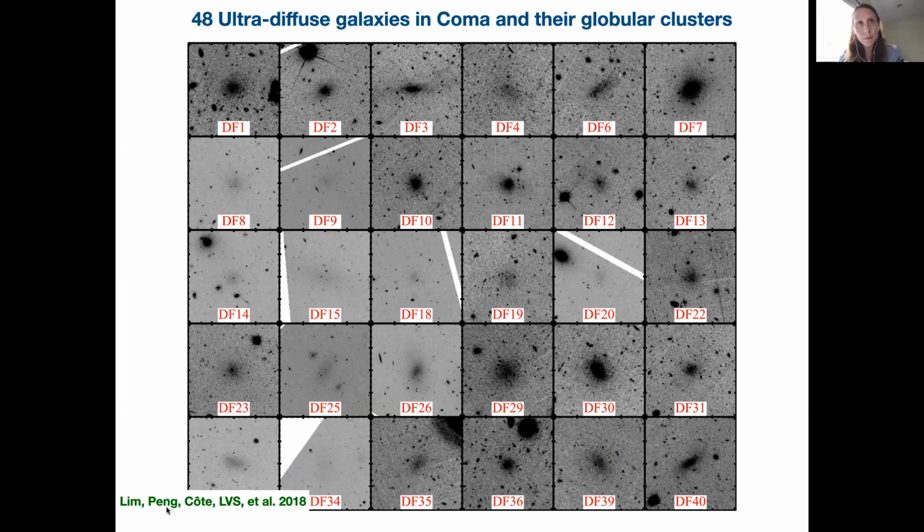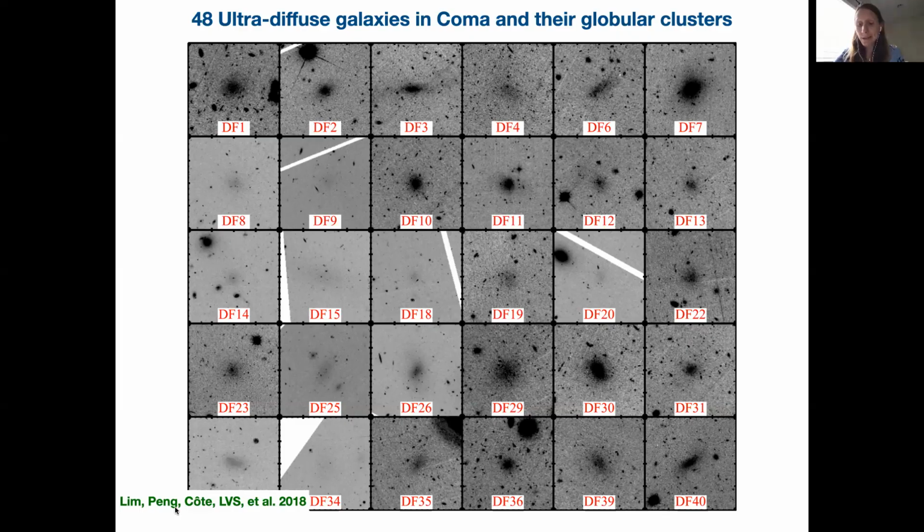This is HST imaging, and we identified globular clusters. And because of this relation between the globular cluster content and the virial mass, you have the chance of putting constraints on what kind of dark matter halos these UDGs are living in.